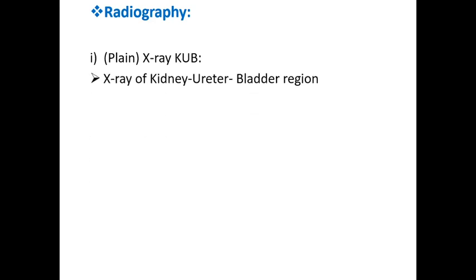Another investigation we do to assess the kidney functions is radiography. There are several imaging studies that help you to get an idea about the functions of the urinary system. The simplest test is called the plain X-ray of KUB, kidney ureter bladder region.